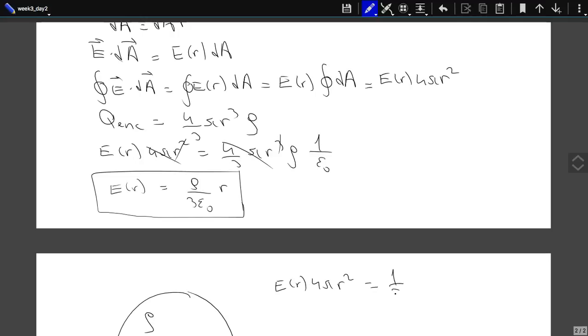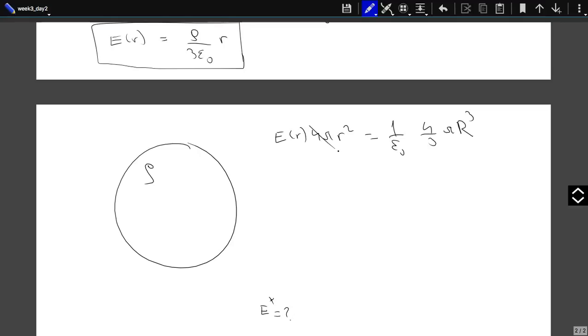This should be equal to 1/epsilon 0 times the total charge in my sphere, 4/3 pi R cubed rho. Again, I can make certain cancellations. Rho, correct? So E of r is equal to R cubed rho over 3 epsilon 0. This time it is R cubed over r squared.